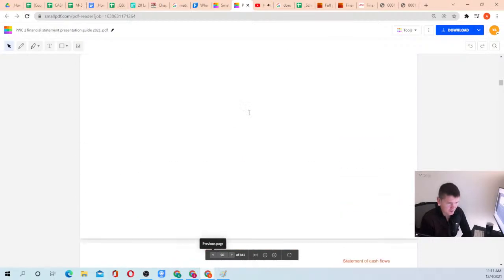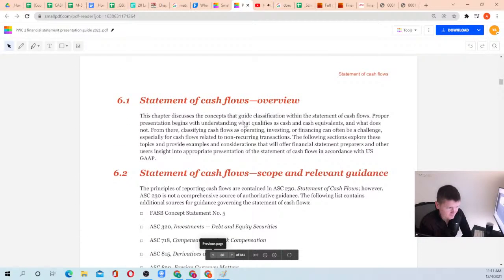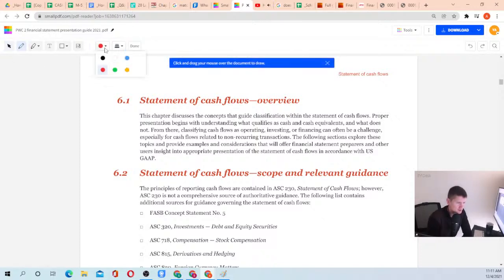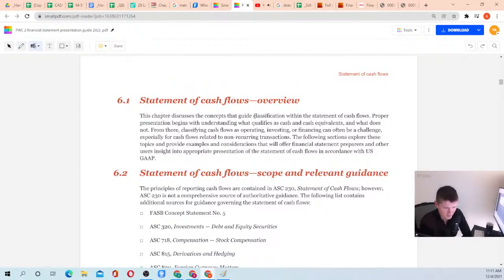Okay, so let's go to the beginning. Our main task with a cash flow statement is to classify the activities as operating, investing, and financing activities.